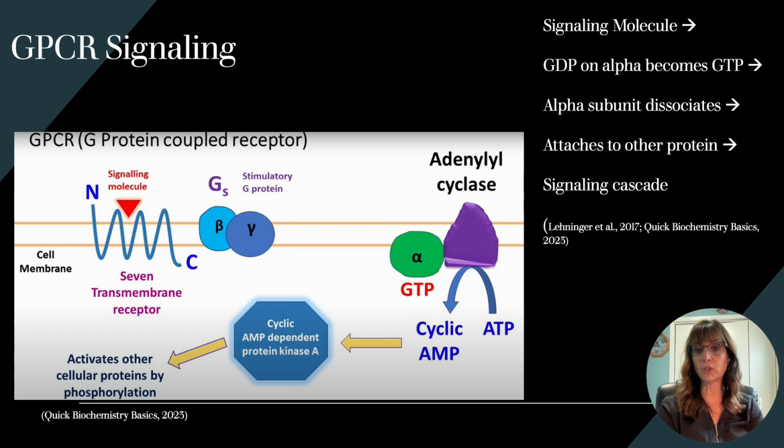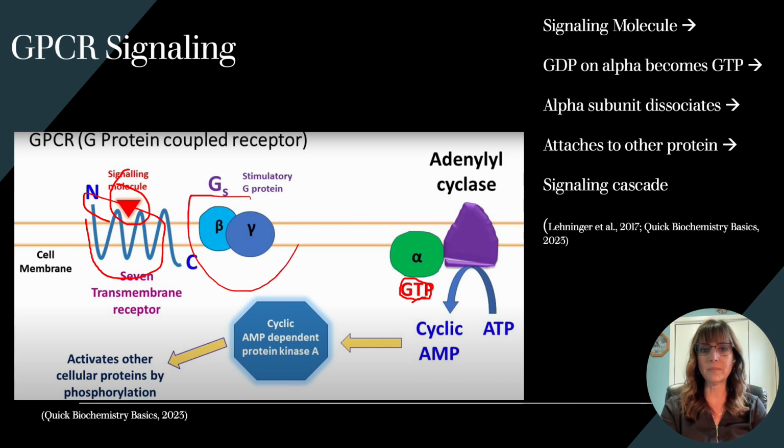Let's take a more specific look at how the G protein coupled receptor works. First, there is a signaling molecule that binds to this 7-transmembrane protein. When that happens, it causes the GDP that's on the alpha subunit to become GTP. And when that happens, the alpha subunit becomes activated.